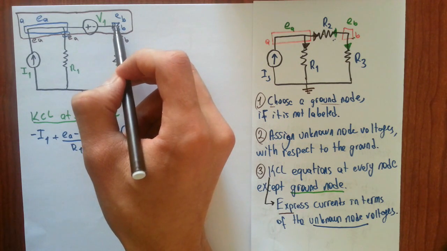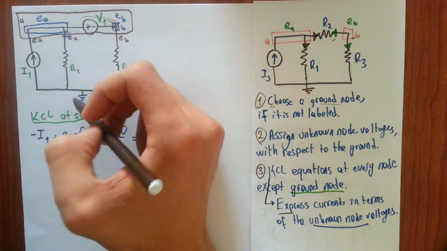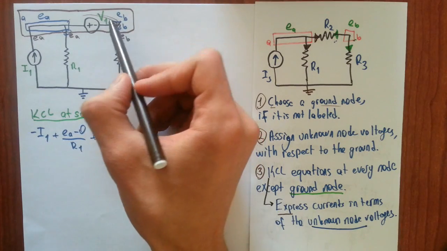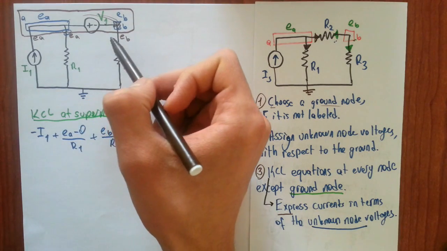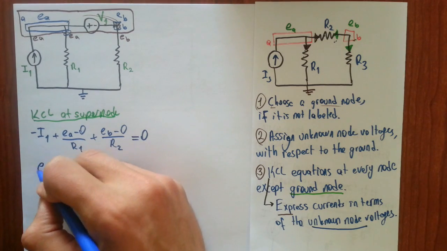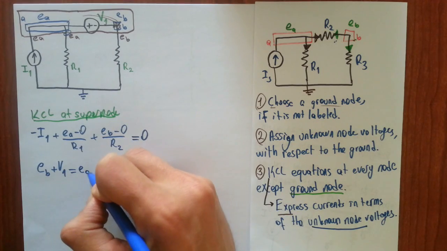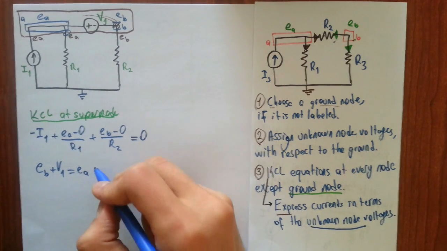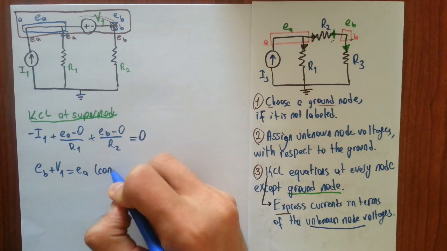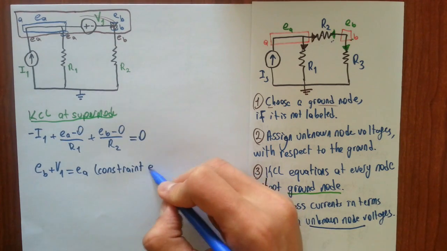And while going from node B to node A, we have an increase in voltage by the value of V1. So we can write EB plus V1 is equal to EA. And this equation is called the constraint equation.